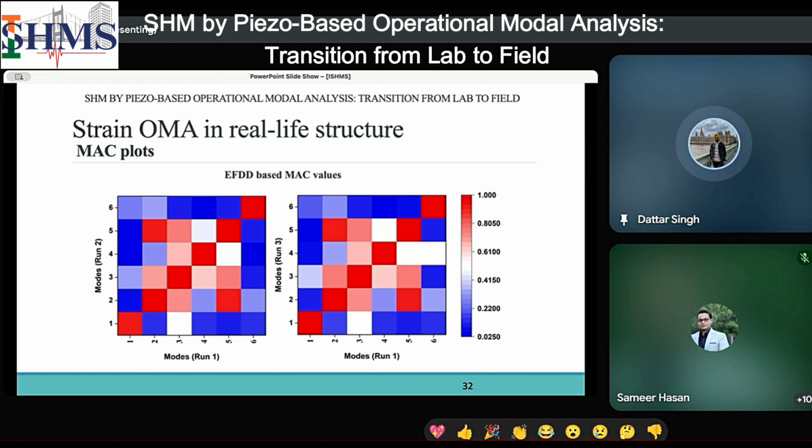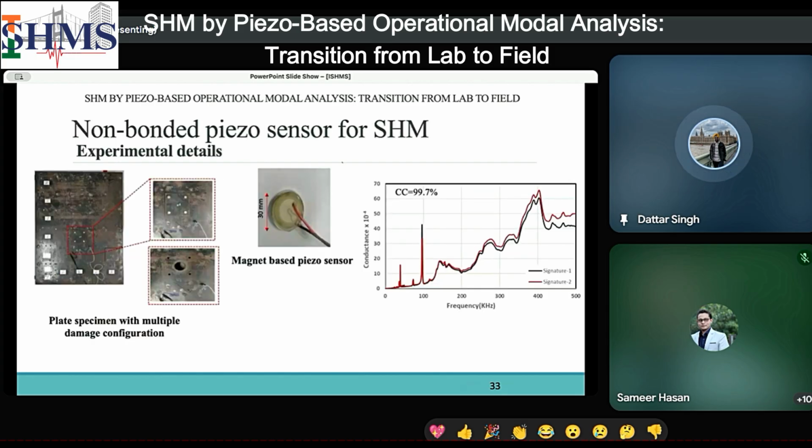Now, this leads to the application of piezo sensors in global monitoring. When we talk about local monitoring, we know that piezoelectric sensors have been effectively used for many years using electromechanical impedance. But a major drawback of using piezo sensors for both local and global monitoring is that we need to bond the sensors to the host structure.